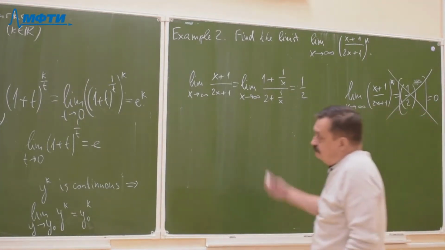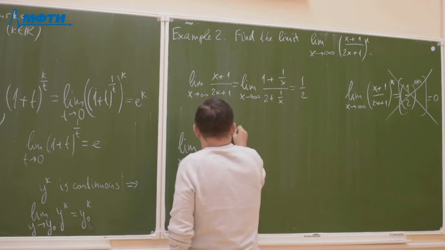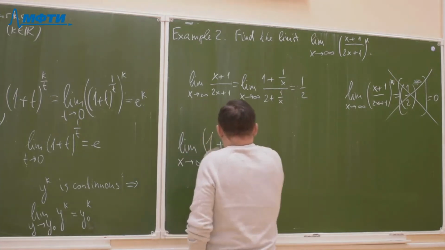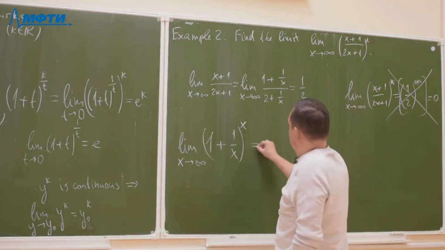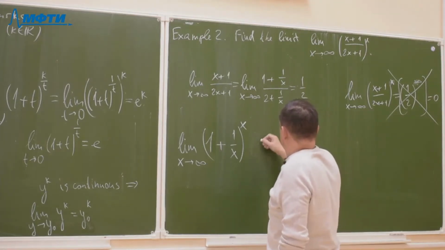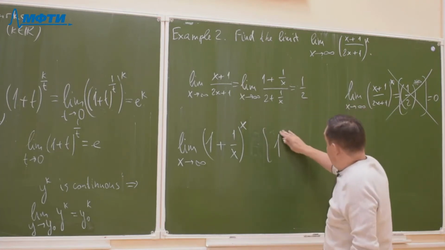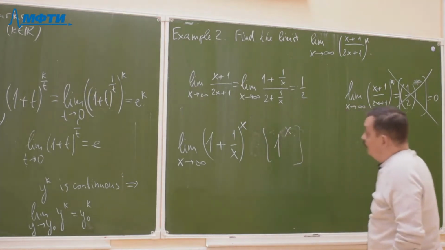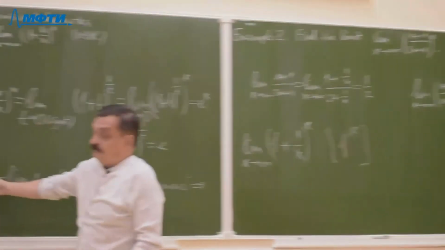Let me write the second remarkable limit. X tends to infinity, (1 plus 1 over x) power x. Look, if I write it like that, 1 power infinity, 1 power x, and then 1 power x is 1, right?